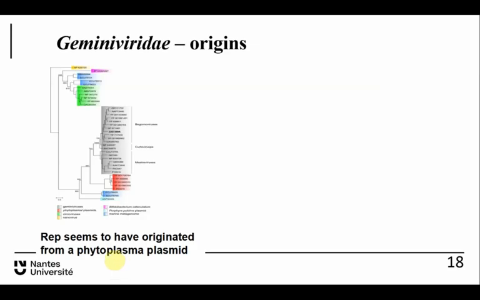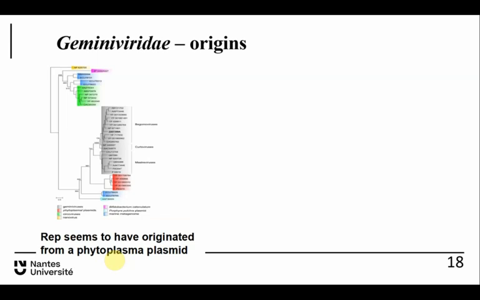So the theory is that the Geminivirus genome originated basically from a plasmid carried by bacteria that are also infecting plants. So you've got a bacterium infecting plants, and somehow its plasmid DNA acquires the ability to replicate inside the plant nucleus. Nice for the Geminivirus, not so nice for the plant.